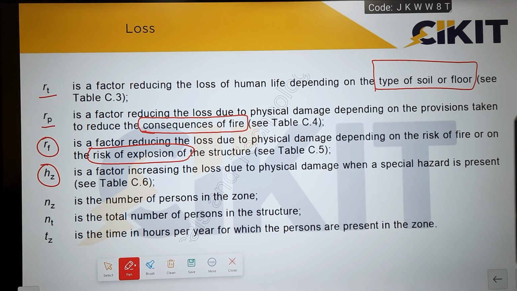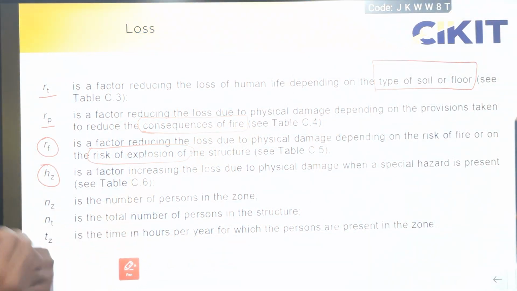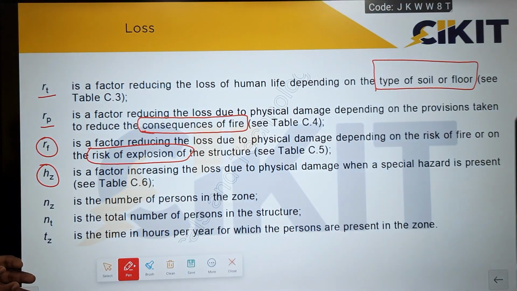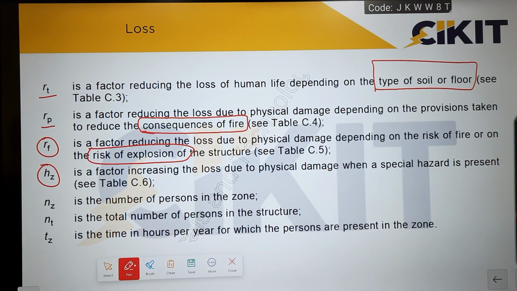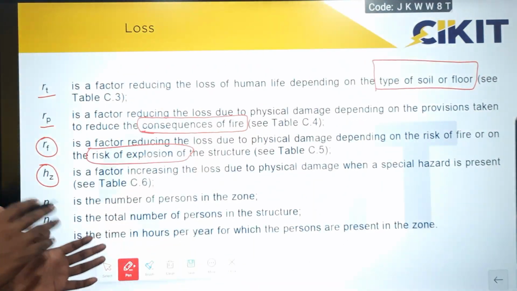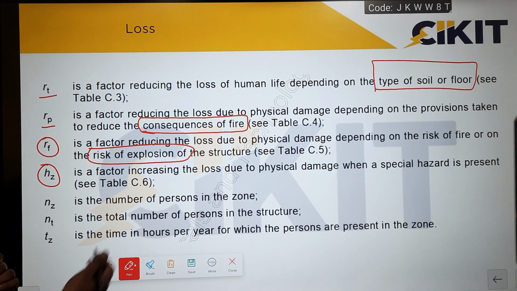If I take a chemical handling plant with explosive materials, what will be the risk in that area? Is there any special hazard? For example, in events like sports events and stadiums, evacuation will be the most difficult thing. So in that area, evacuation will be the special hazard.